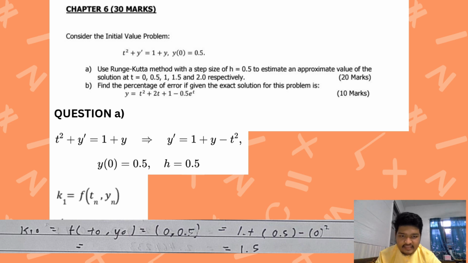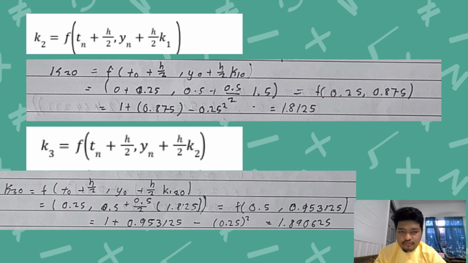The step size h is equal to 0.5. The initial value is t equals 0 and y equals 0.5. Then we calculate the Runge-Kutta values at t equals 0. First, we find k10, which is f of 0 and 0.5, and the value obtained is 1.5. Next, we calculate k20 at t equals 0.5, and the value of k20 is 1.8125.